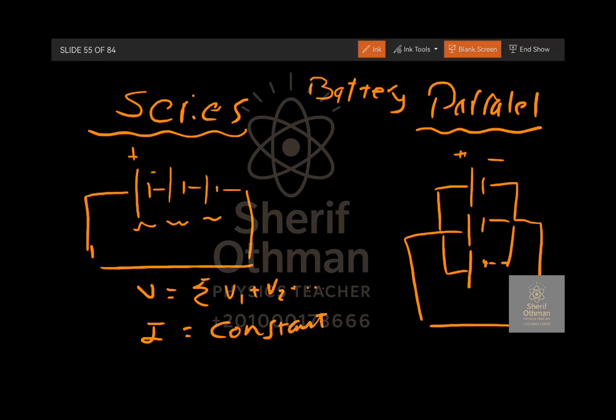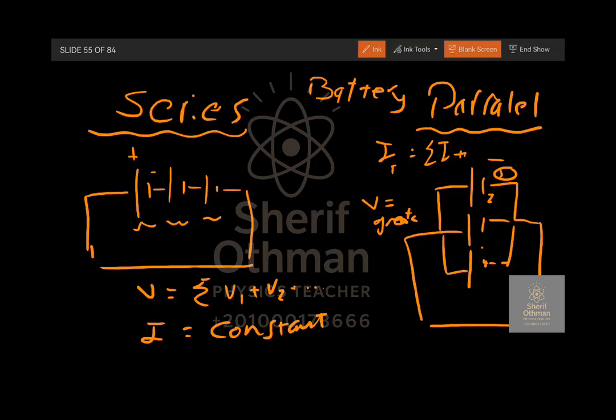In this type of connection, I total is equal to the summation of the I's, which are the I of each battery or each cell, while V is the greatest one. If they are equal to each other, then it is one of them. If they are different, 3 volt, 2 volt, 1 volt, I'm going to take only the greatest one.